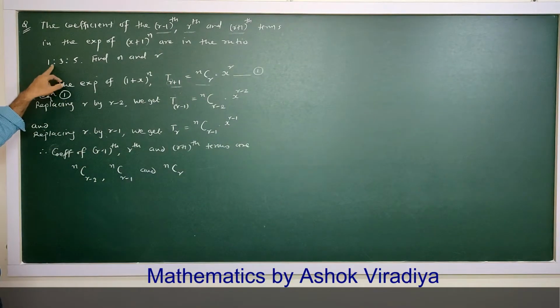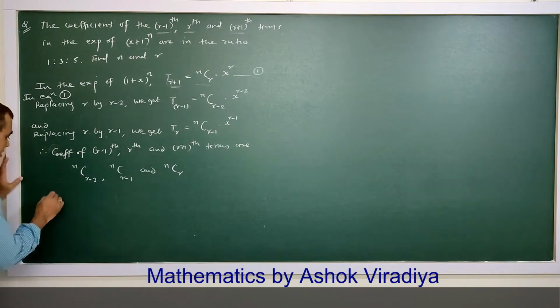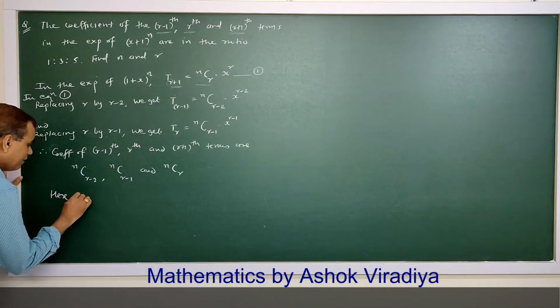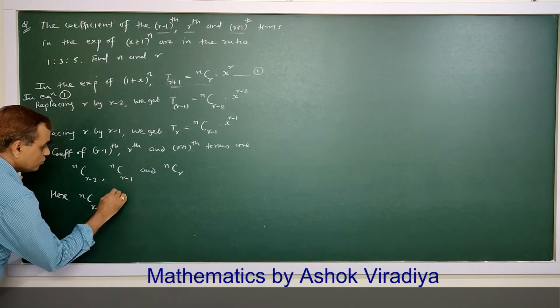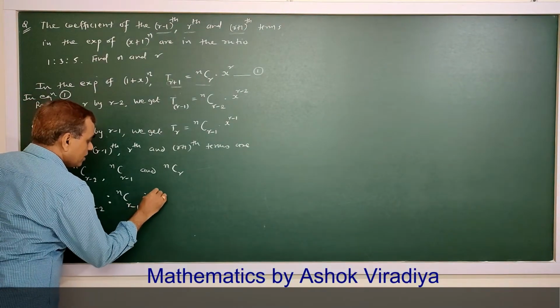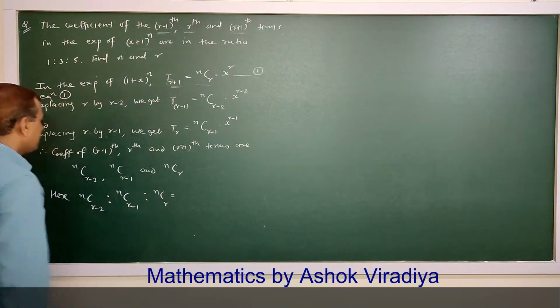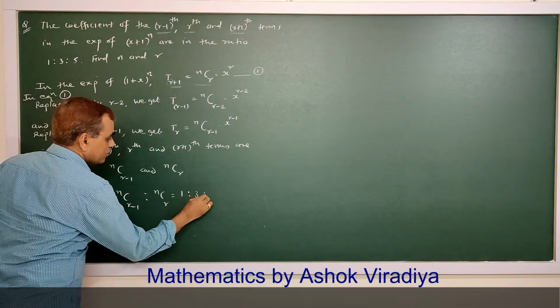Given that these are in ratio 1:3:5, we are given that nC(r minus 2) is to nC(r minus 1) is to nCr is equal to 1:3:5.